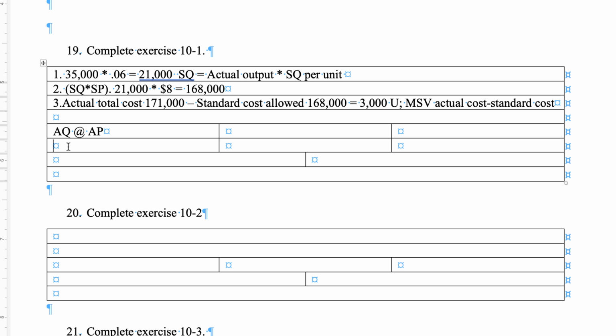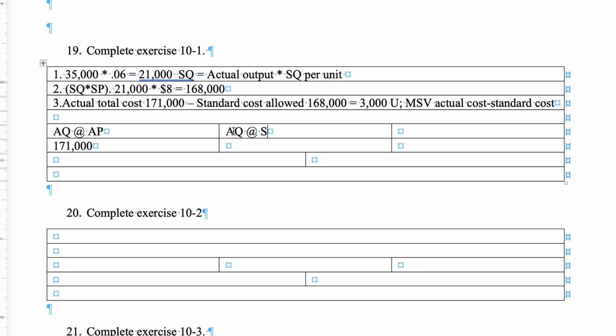They tell us in the problem that we paid $171,000 was the actual quantity at the actual price.